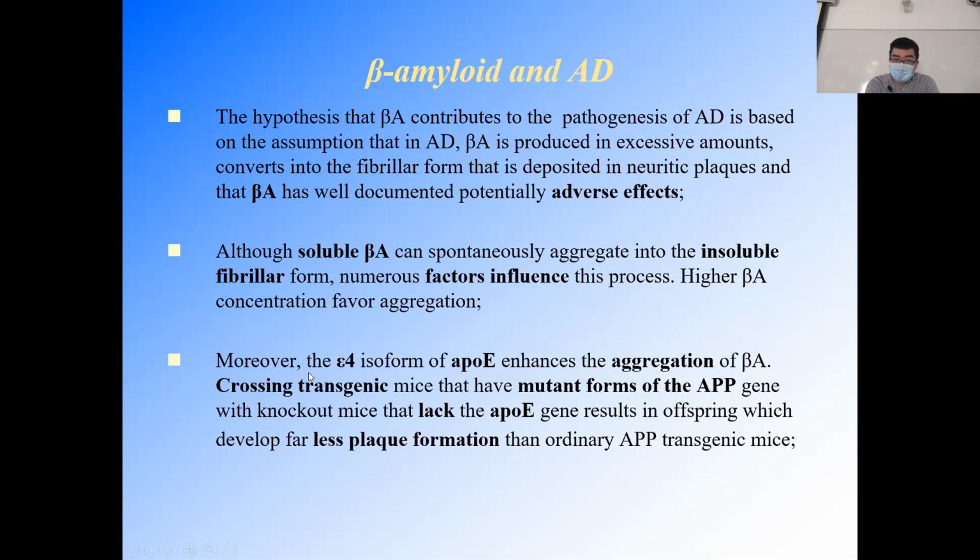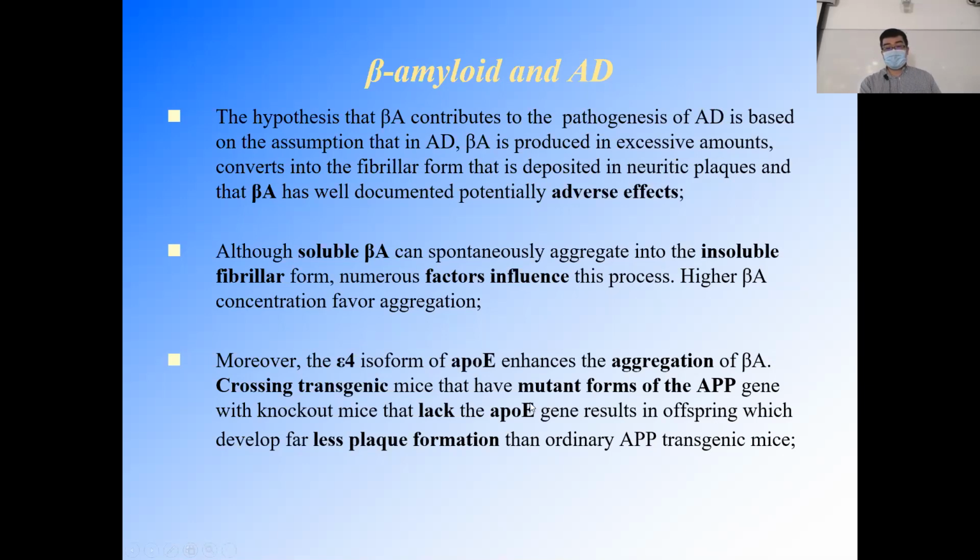Now there is another component, actually, the ApoE epsilon-4 isoform. ApoE can enhance the aggregation, and in the mice model, that can enhance the APP plaque formation. Okay, so in the animals that have been made transgenic, you put in the mutant APP form, then those mice will get the plaques formed.